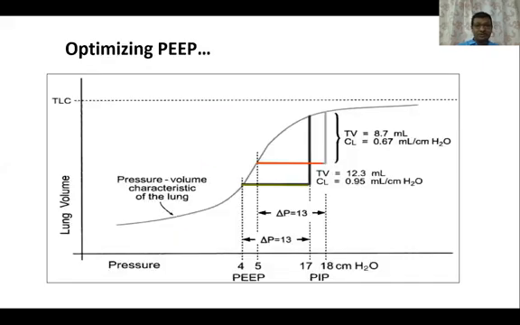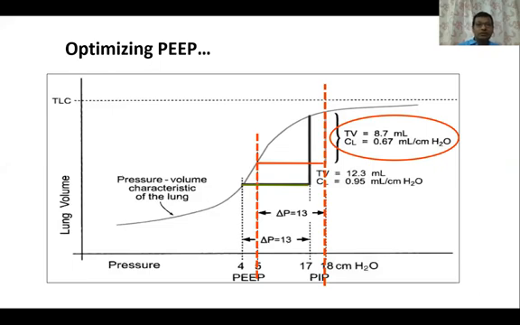Now, just look at this pressure volume curve in one of the patients where we have set a PEEP of 5 and PIP of 18 with a MAP of 13, and the tidal volume we have got is around 8.7 and compliance is 0.67.